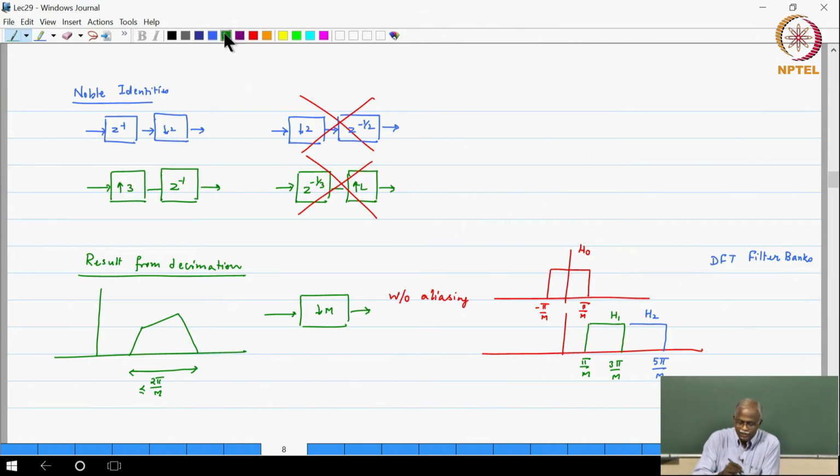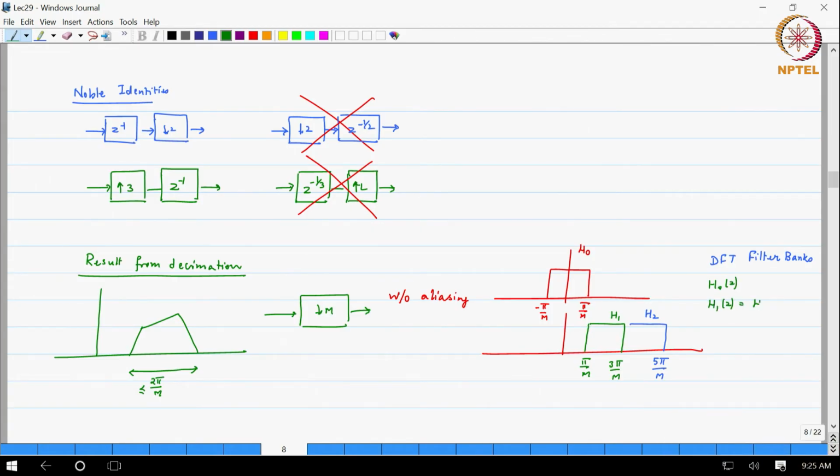So H_0(z) is your basic filter or prototype filter, H_1(z) is H_0(zW_m), and H_2(z) is H_0(zW_m^2) and so on. Okay, so you basically get m minus 1 filters.